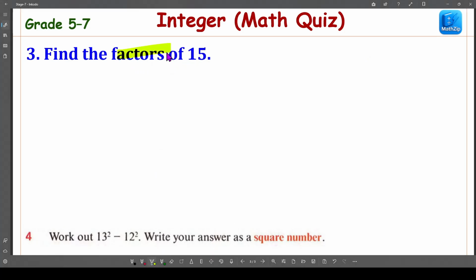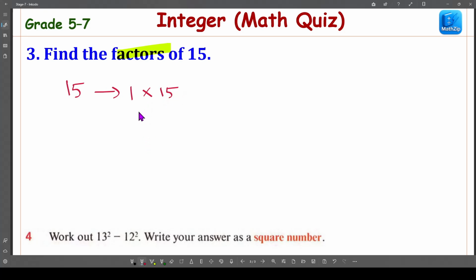Find the factors of 15. For this question, to find the factors we look for pairs of numbers that multiply to 15, or we can say factors are the numbers that divide 15 exactly. Look, this is 15, which we can divide by 1 and 15 itself. It means 1 times 15.